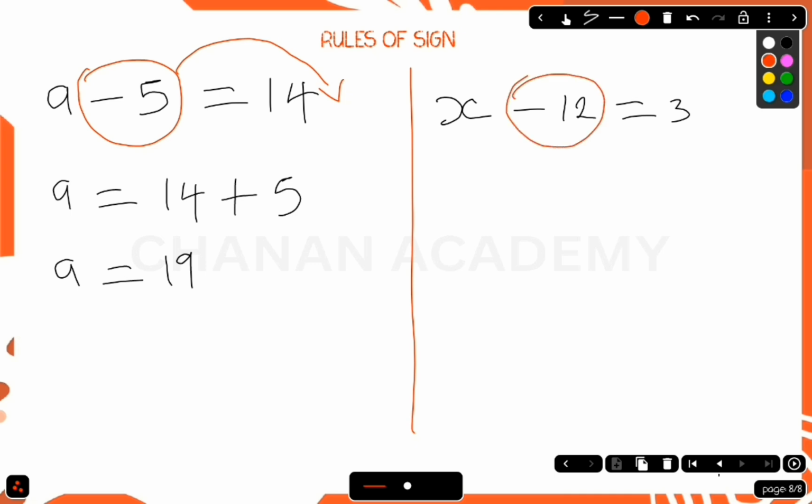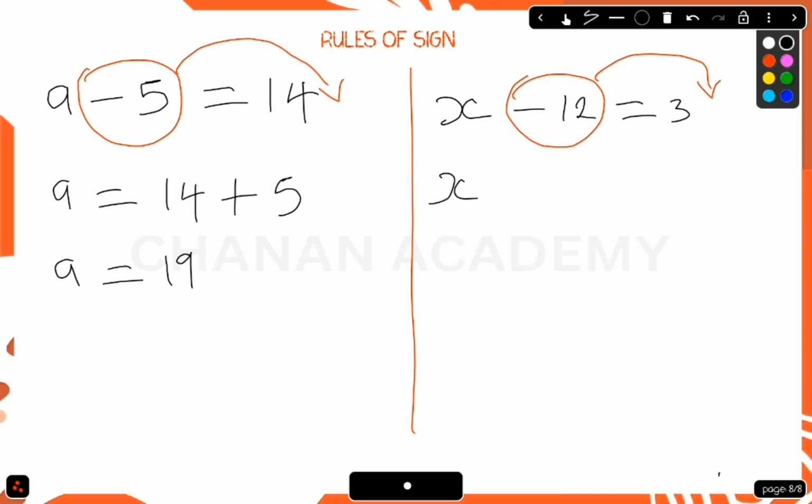This will have to cross to this side, and the negative sign will change while doing the crossing. So we have x equal to 3 plus 12. x is equal to 15. I hope you understand this. So let's take another example to explain the third rule.